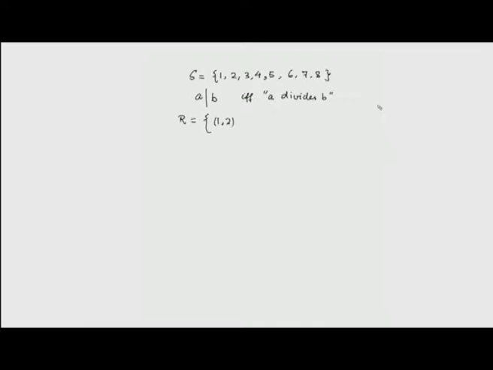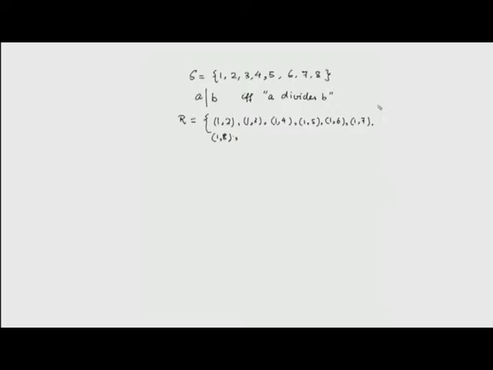1 divides all the integers in the set S. So, 1 comma 2, 1 comma 3, 1 comma 4, then 1 comma 5, 1 comma 6, 1 comma 7 and lastly 1 comma 8.